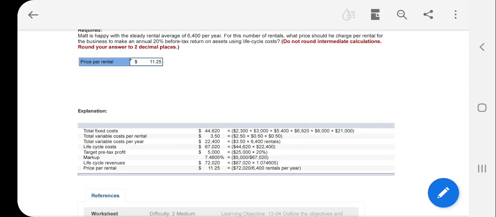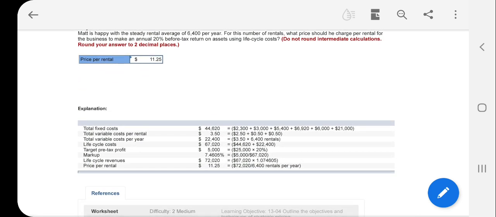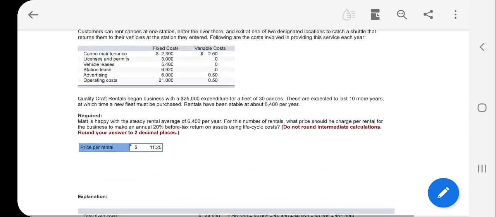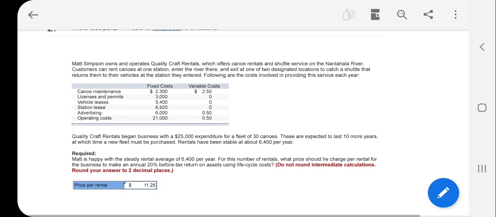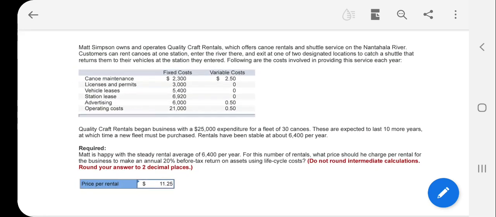Okay, that's it. This is a sample question related to life cycle costing. I want to share with you several sample questions before the mid-semester test. So I hope it helps you to understand the things that you have learned.